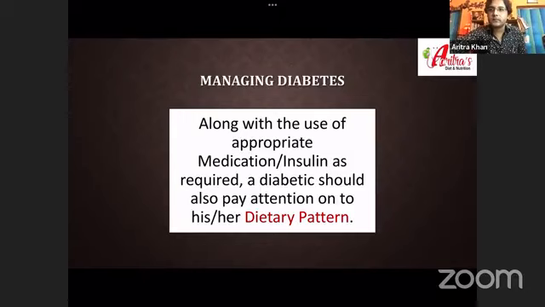We should act empathetically and give positive vibes, not negative vibes, because the patient already suffers from diabetes, and maybe other comorbidities like diabetic nephropathy, diabetic cardiomyopathy, diabetic neuropathy, diabetic foot, and a lot of problems. We should always encourage the patients.